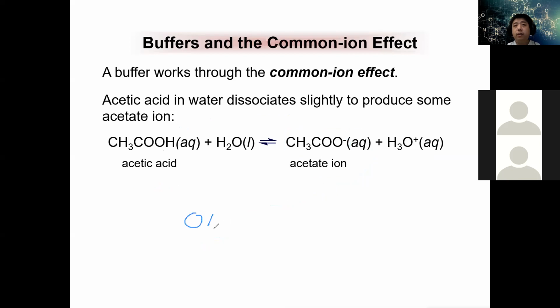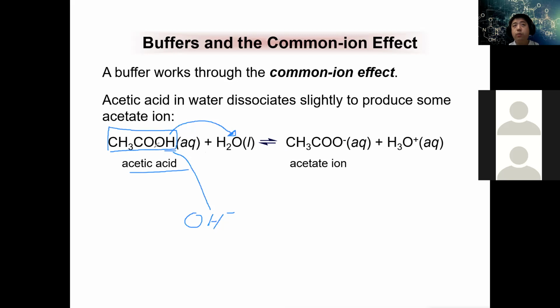Now, if I added in some base instead, OH, what does that interact with? It's going to interact with my weak acid. It joins with this H and makes more water, and we put that to the side.